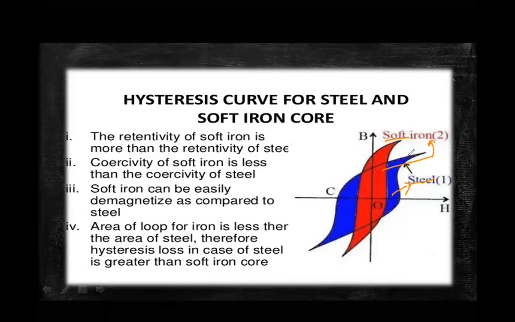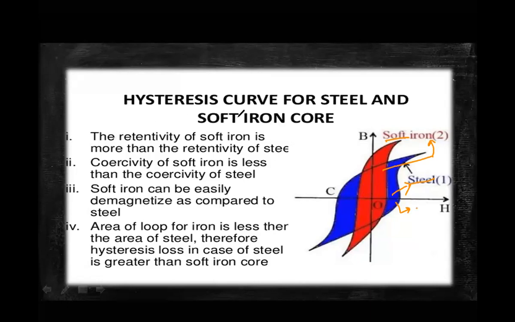If I ask which material has more energy loss, clearly the blue one has more energy loss, which is the steel. So steel loses more energy compared to soft iron.